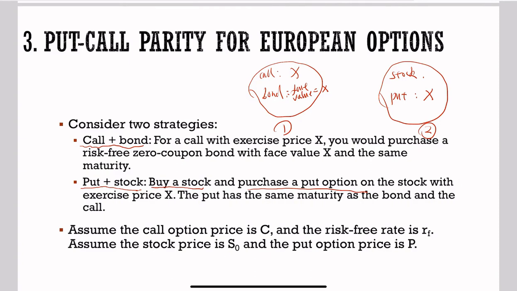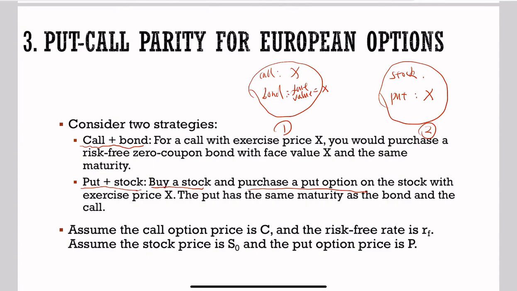You should have learned about this in, I think, your corporate finance 1 class. So, okay, let me repeat. The story here is we built two different portfolios based on two different ways of investing, right? So the first is a call plus bond, and the second is a put plus stock.